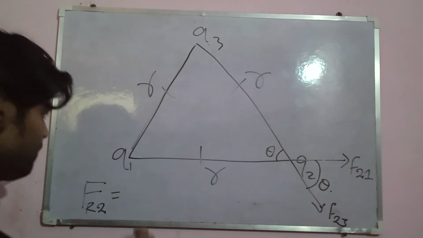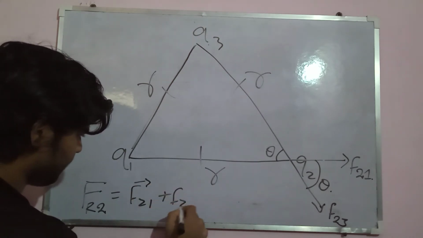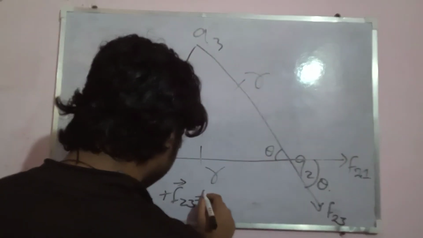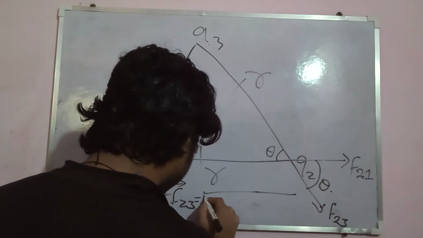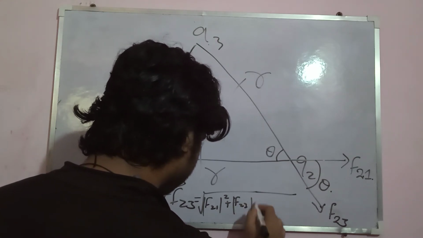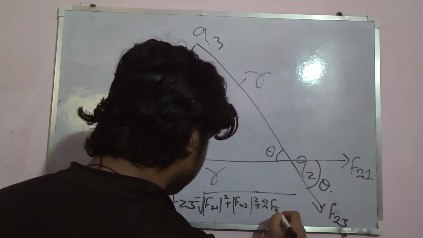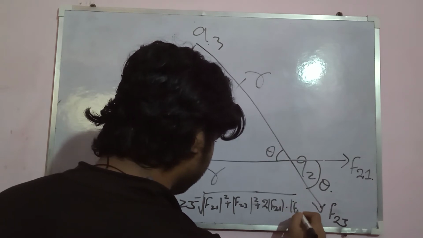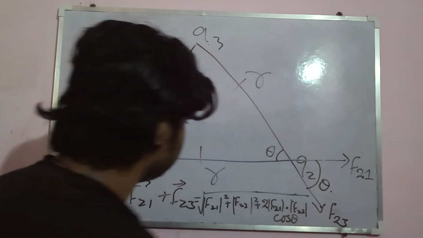is equal to F21 plus F23, and the magnitude of this is equal to the square root of F21 magnitude squared plus F23 magnitude squared plus 2 times F21 magnitude into F23 magnitude into cos theta.